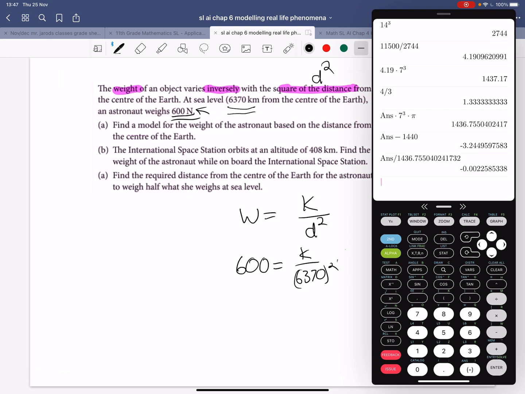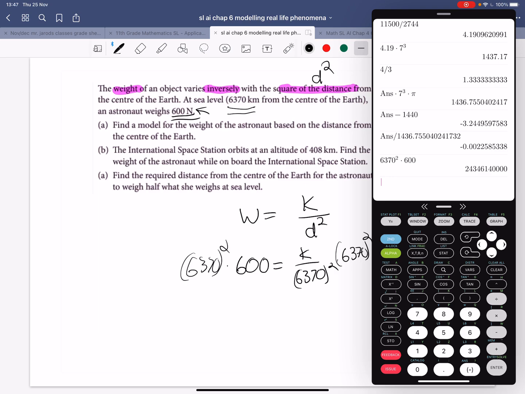So if you look, this is times 6,370 squared. So 6,370 squared times 600 gives us this.